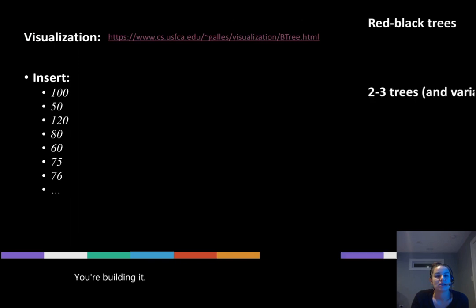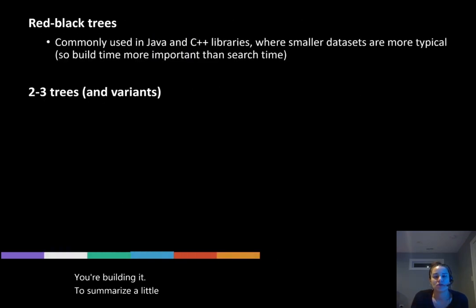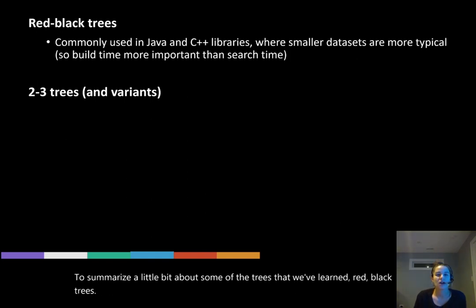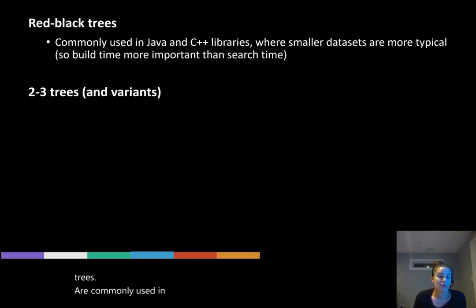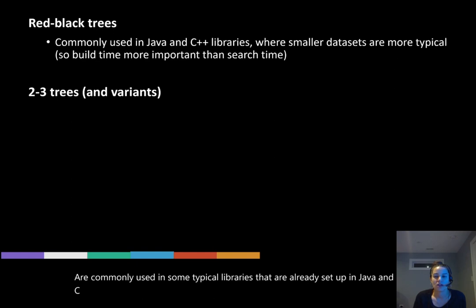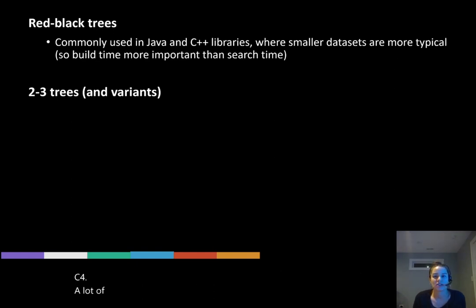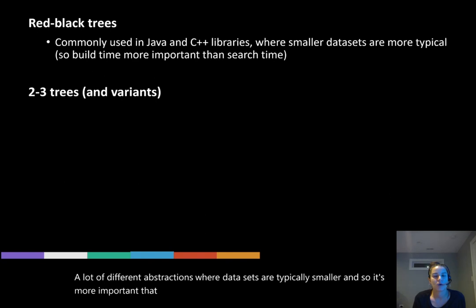To summarize some of the trees that we've learned, red-black trees are commonly used in typical libraries already set up in Java and C++, for a lot of different abstractions where data sets are typically smaller, and so it's more important that the build time is quick rather than the search time.